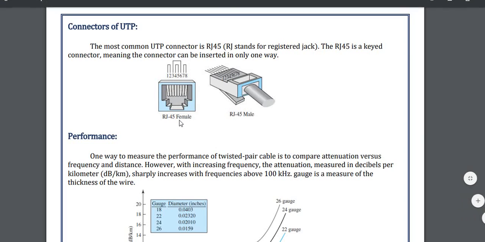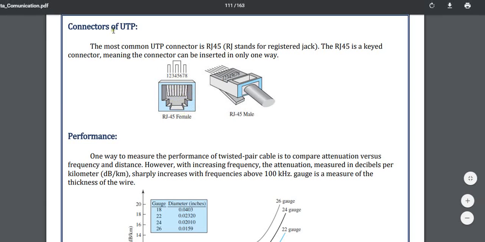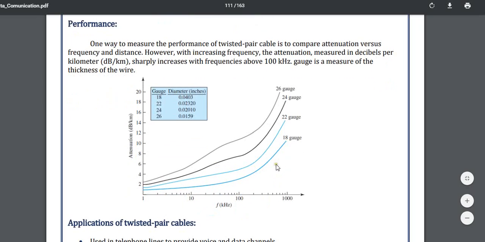RJ45 has two ports. One is the female port and another one is the male port. The male port is the port that we use for our internet or data transfer in our PCs or laptops, and the female port is the port where we plug in the male port. The performance diagram is given below.